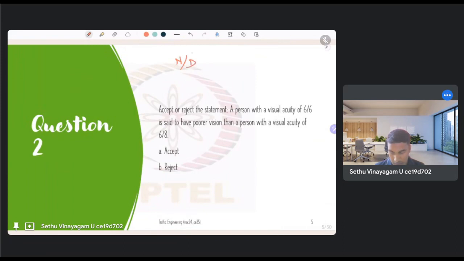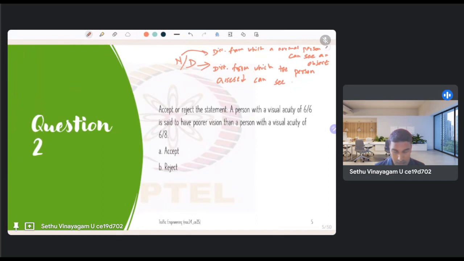So the numerator is the distance from which a normal person can see an object. Okay, and the denominator is the same thing, the distance from which the person assessed can see the object.